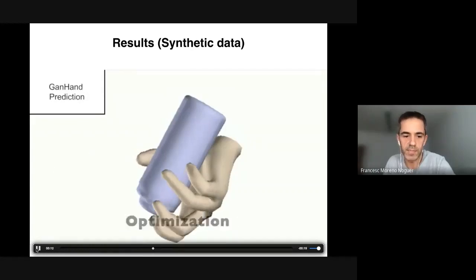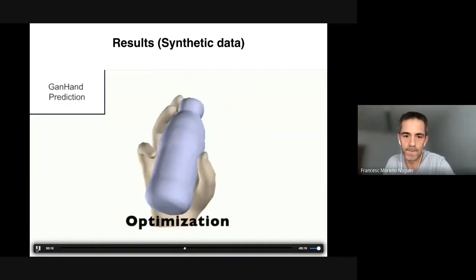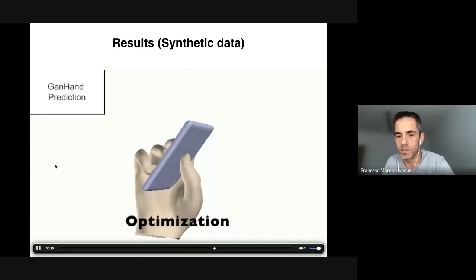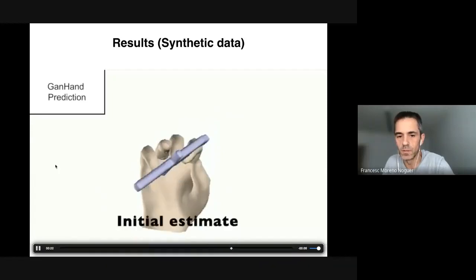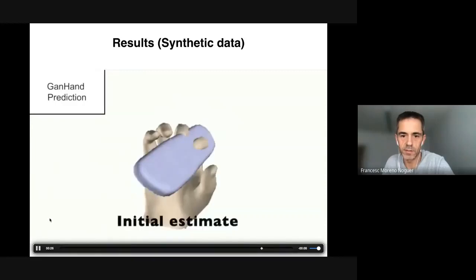In some of the cases, not this one, here you'll see that at the very beginning we have interpenetration of the hand within the object. But one of the losses that we try to optimize is to minimize this interpenetration, and we fix this after the optimization. So these are results on synthetic data.